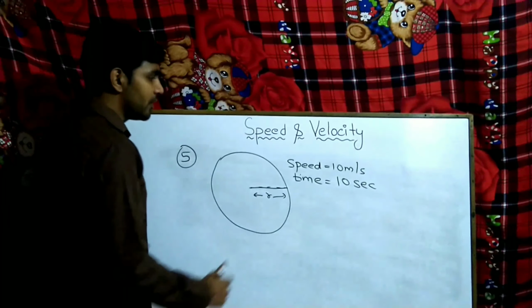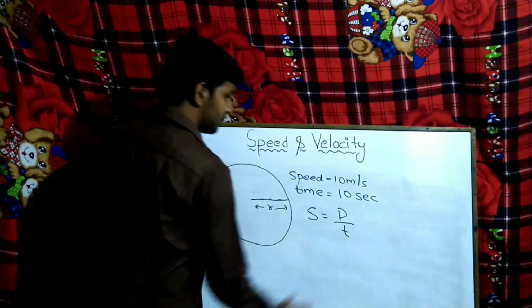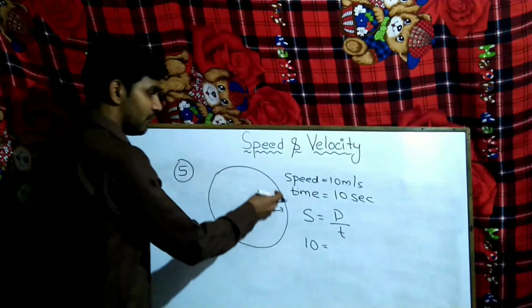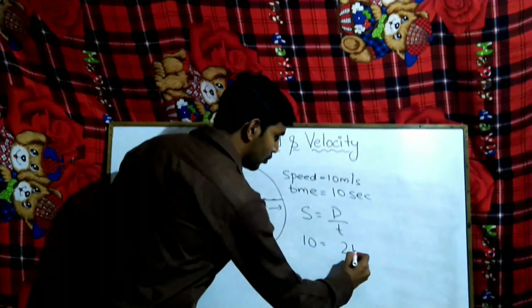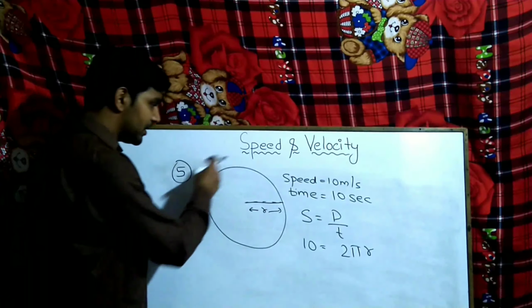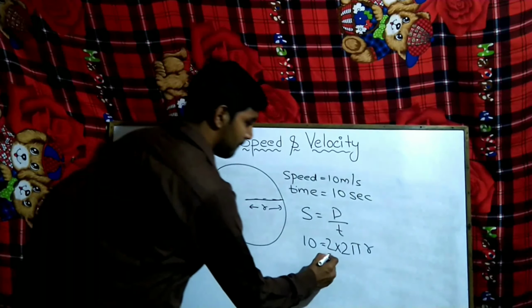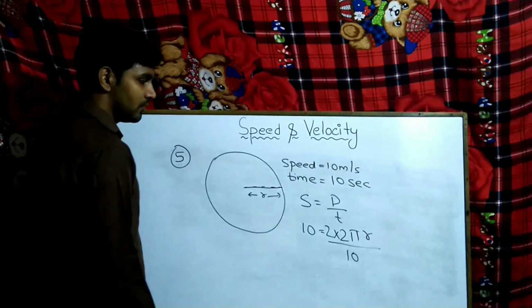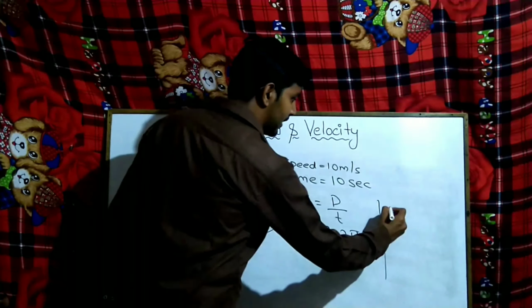Okay. So you know, speed is equal to distance by time. Speed how much? 10. And one circumference of the circle how much? 2 pi r. But it completed 2 revolutions, so into 2, by time how much? 10. Now this 10 goes that side, becomes multiply.